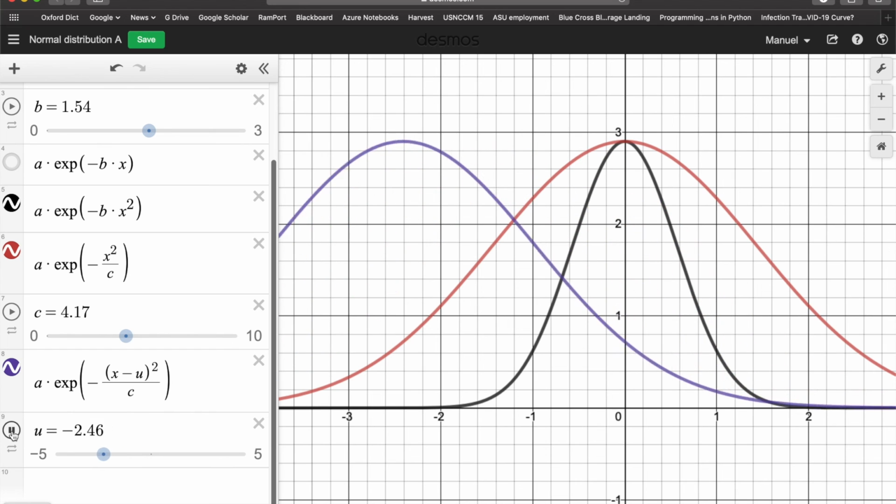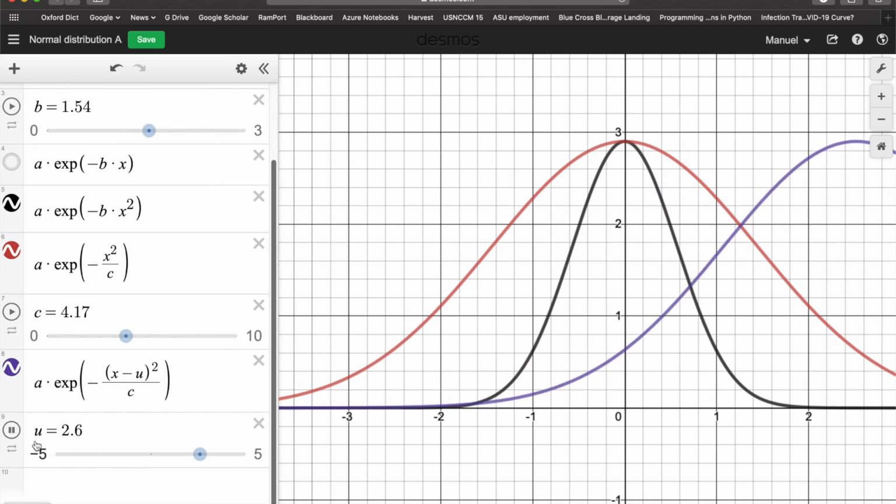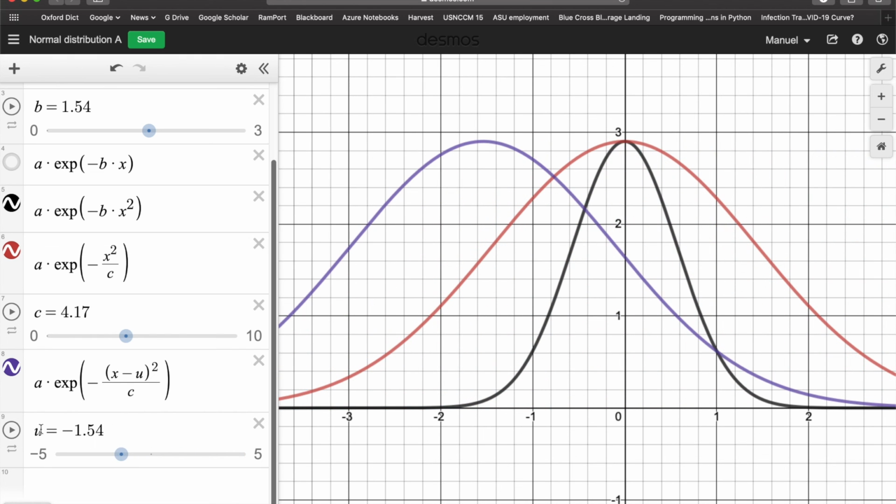So you can have a nice animation if you just move the parameter. I would recommend you to play with this worksheet. Follow the link and you will have access to the worksheet. Try to understand what is the effect of each one of the parameters.